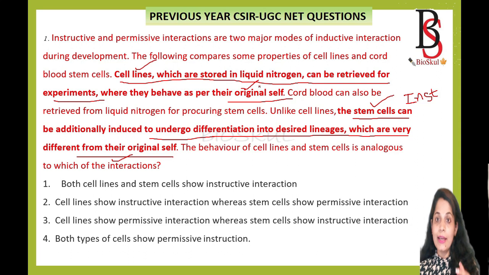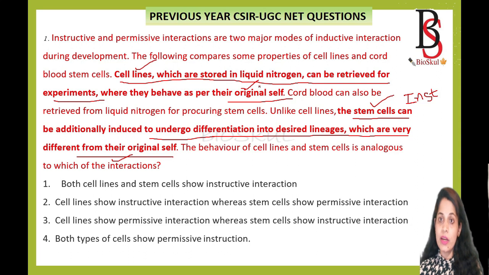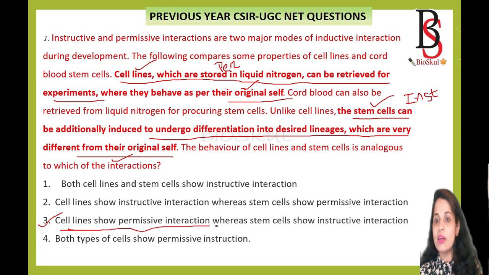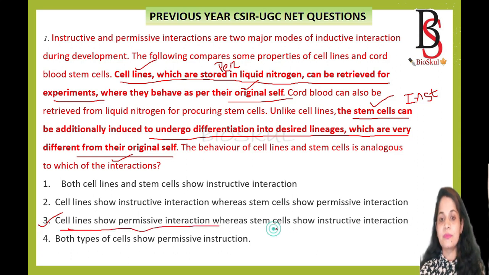In the permissive interaction, they express their original fate, but for that they require the environment which is provided by a signal or the instructive signal. So here the cell line shows the permissive interaction. Option 3 is the correct answer: cell lines show the permissive interaction, whereas stem cells show the instructive interaction.